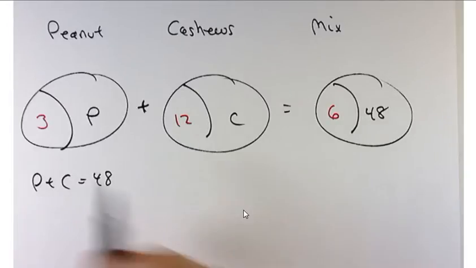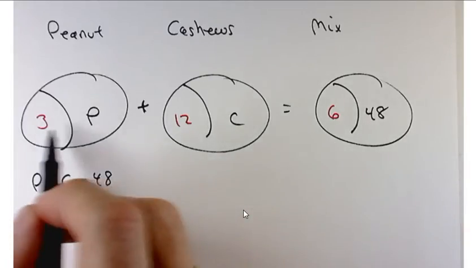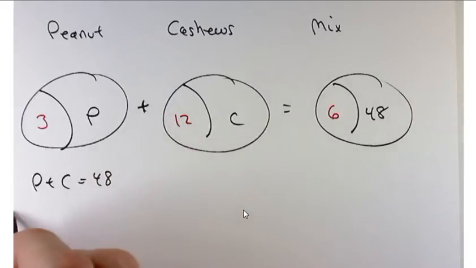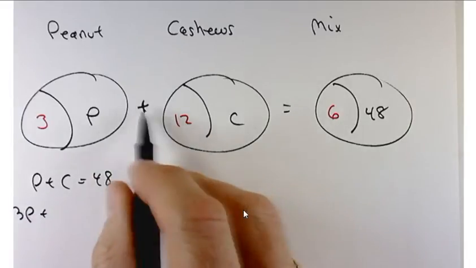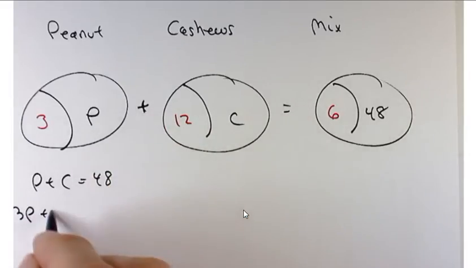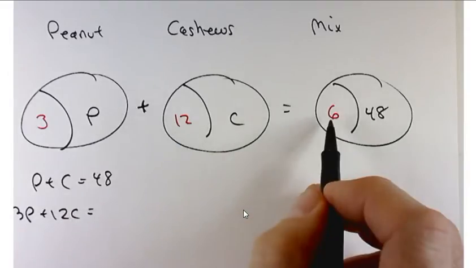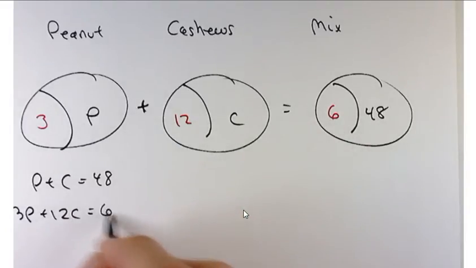The next thing is to figure out how much this is all going to cost or sell for. So it's going to be 3 times P plus 12 times C equals $6 times 48, 288.